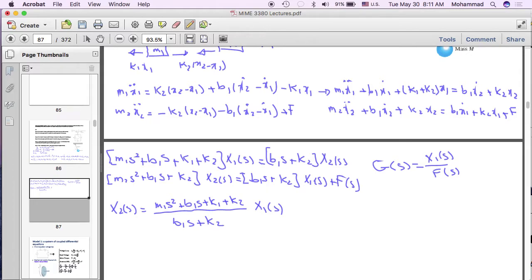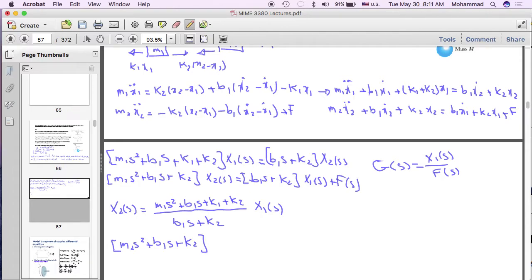So the next step is to substitute for x2 in the second Laplace equation. Whenever we see x2, we are going to substitute that, and as soon as you do that, you will no longer have x2 available. So now we are looking at this second equation, and I'm going to rewrite it. m2 s squared plus b1 s plus k2.